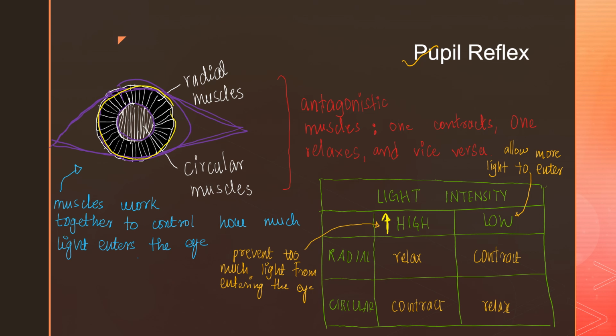And if they relax, that means the circular muscles are going to contract. And the opposite happens when light intensity is low. The radial muscles contract, and then the circular muscles relax.